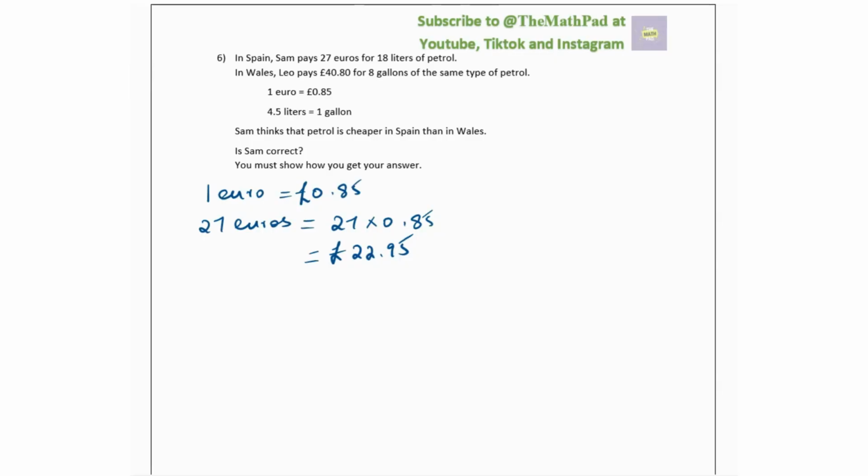Now 18 liters are for 22.95 pounds. So 1 liter would be 22.95 divided by 18, which gives us 1.275 pounds. And then 1 gallon is 4.5 liters.